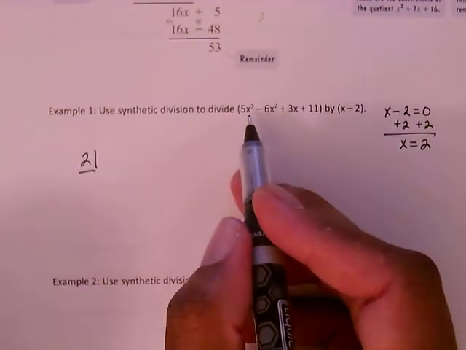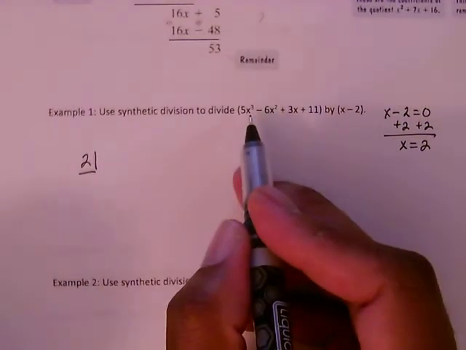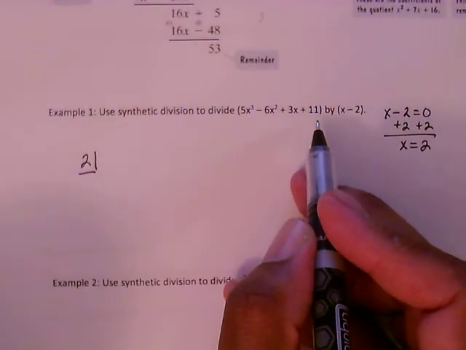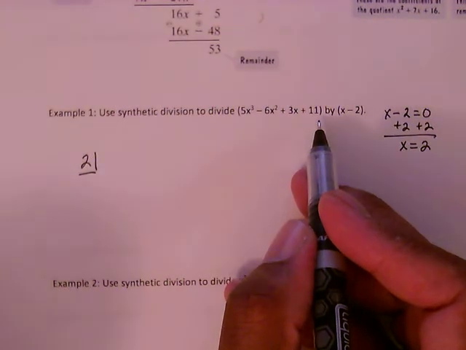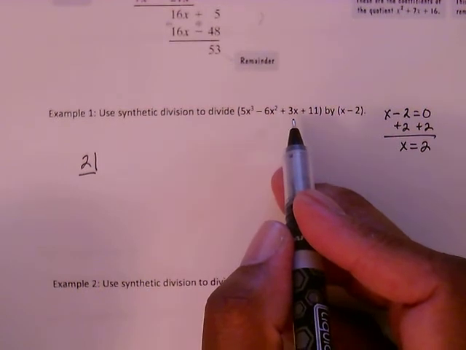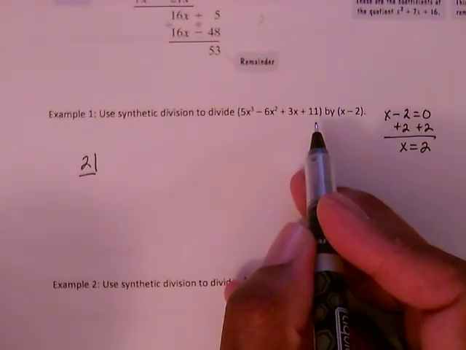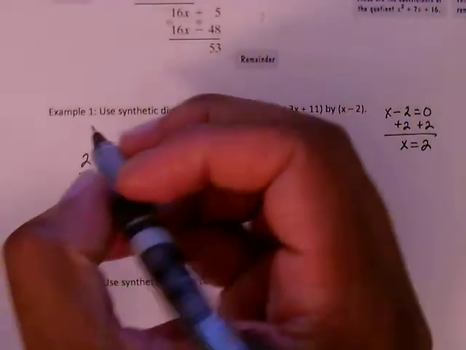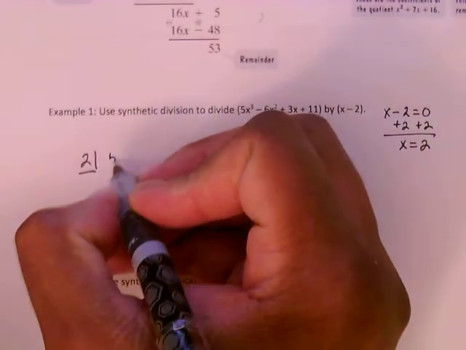Now I need to look at this dividend right here, 5x cubed minus 6x squared plus 3x plus 11. There are no missing terms here. I got an x cubed, x squared, x, and a constant term. So I can write down their numerical coefficients. The coefficient of x cubed is 5.